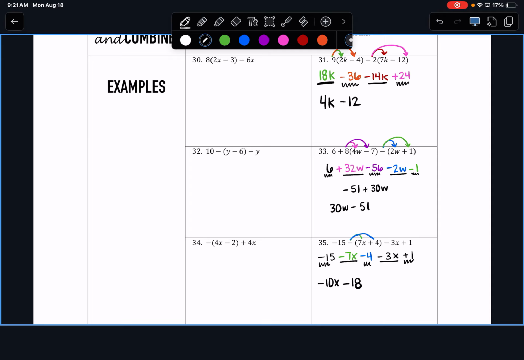If you have negative, what is negative 4 plus 4?